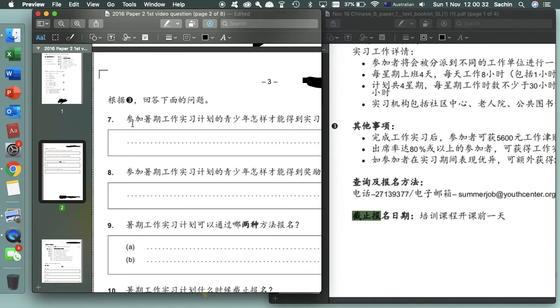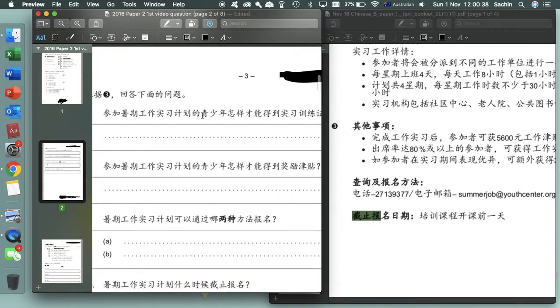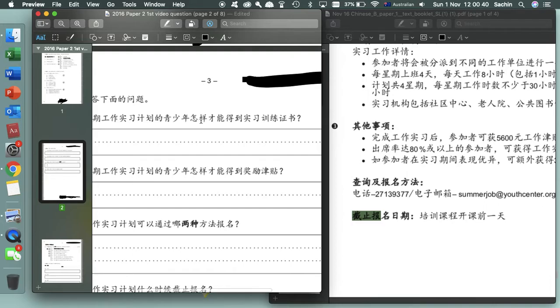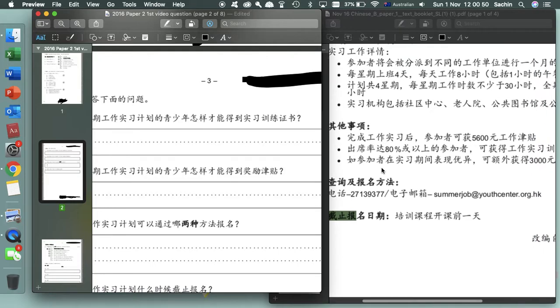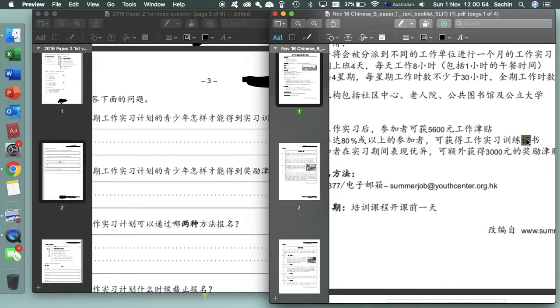So 7, we have participants in this work experience, the young people, how can they obtain an experience card like 证书? So we see here there's something about 证书 here.